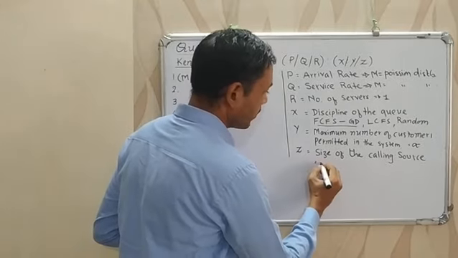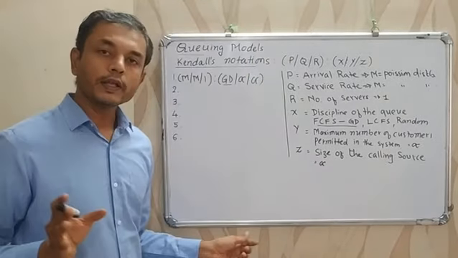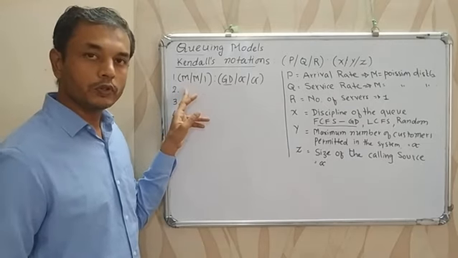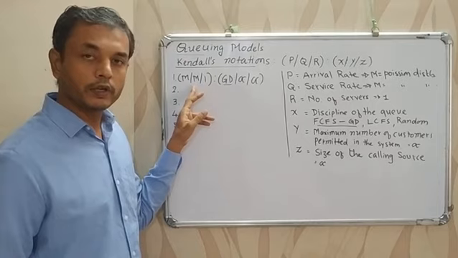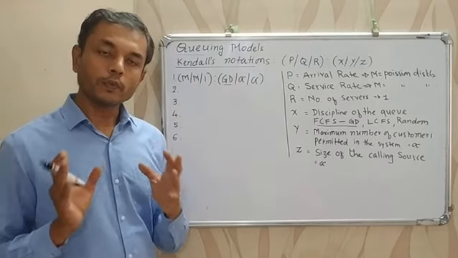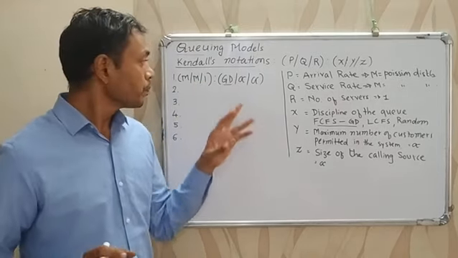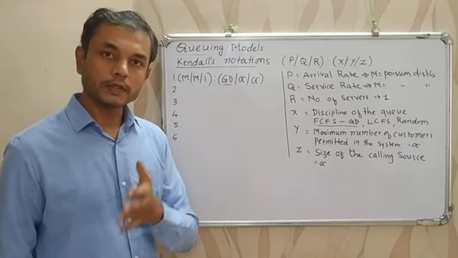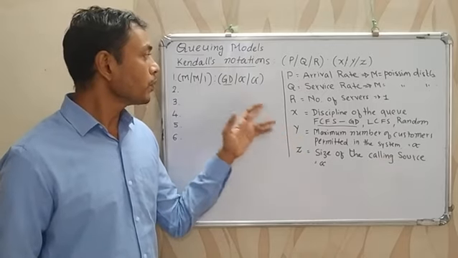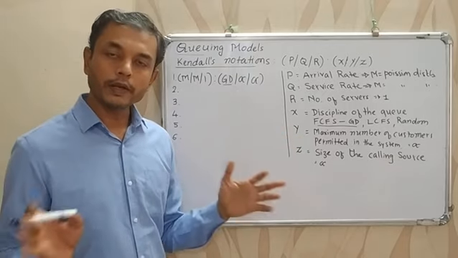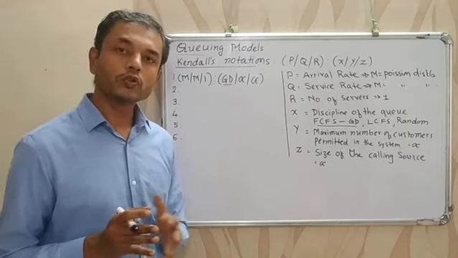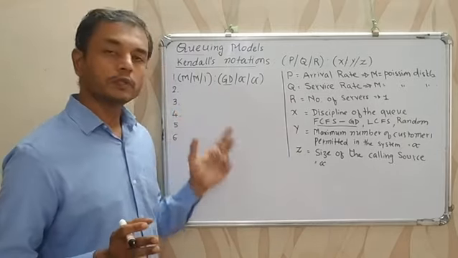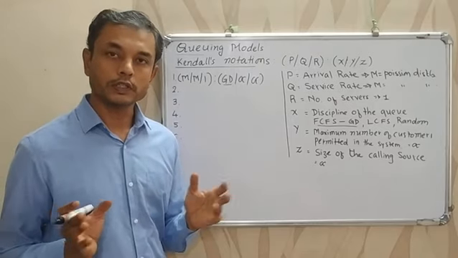So the first model represents: arrival rate is Poisson distribution, service rate is Poisson distribution, number of servers is 1, the queue follows general discipline, the maximum number of customers permitted in the system is infinite, and the size of the calling source is also infinite. So it is known as the first model of the queuing system.